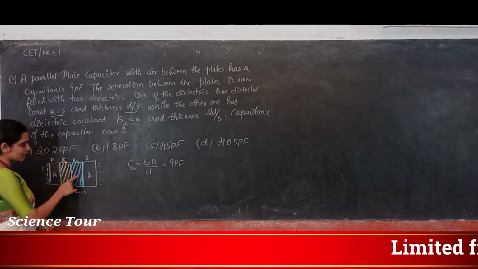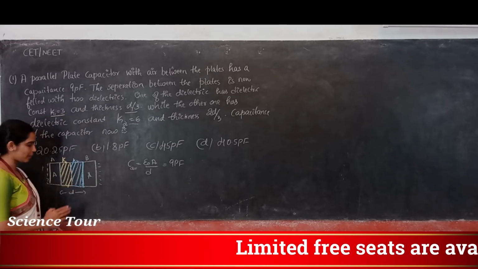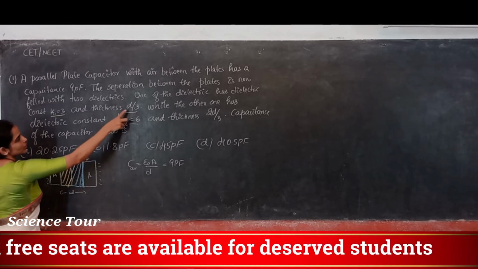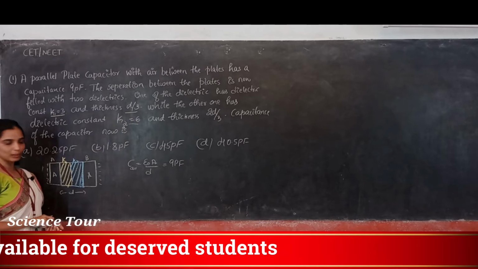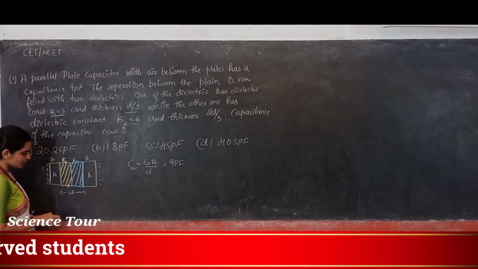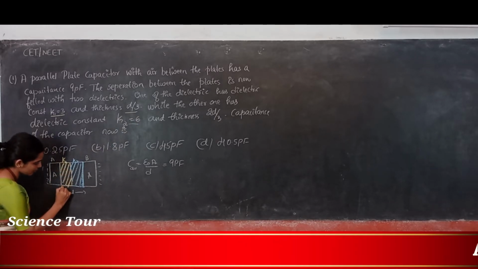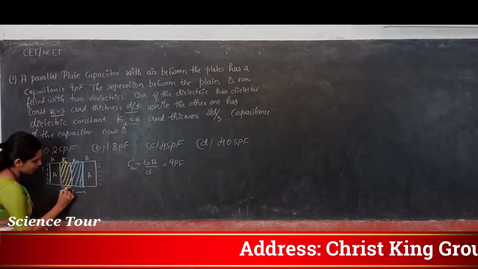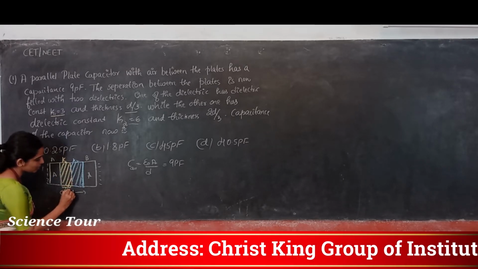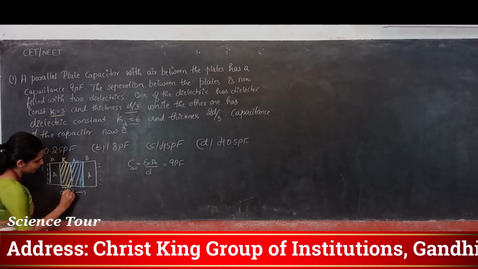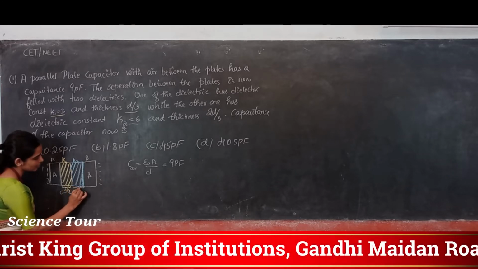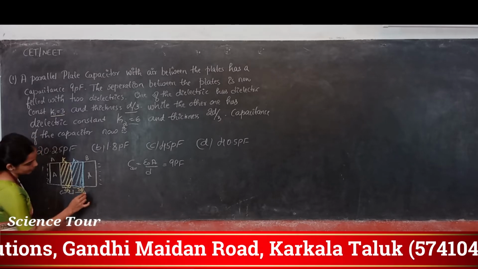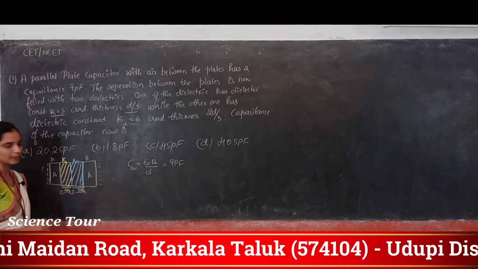Now these two are kept in series. Am I right? So what is the thickness of them? D by 3 and 2D by 3. So the thickness of this is D by 3, and this is 2D by 3.